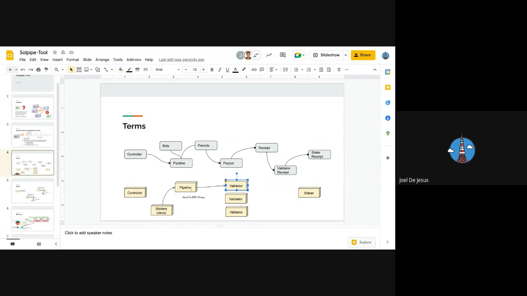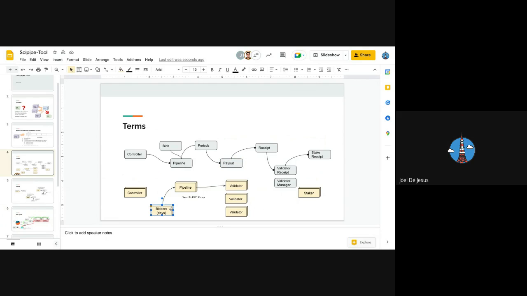But how does the pipeline know which validators to send transactions to? Well, the validator has an online account called a validator manager. And the validator manager account basically lets the validator pick which payout the validator is on.